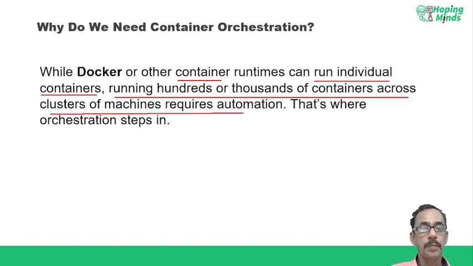So it requires automation. Managing one or two containers is okay, you can handle it manually. But when there are hundreds or thousands of containers, it becomes very difficult to manage manually. So that's where orchestration steps in.